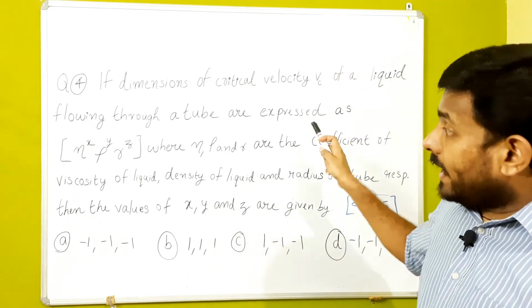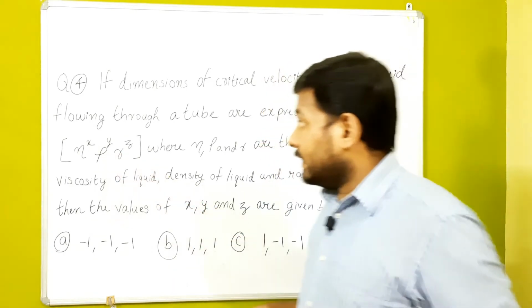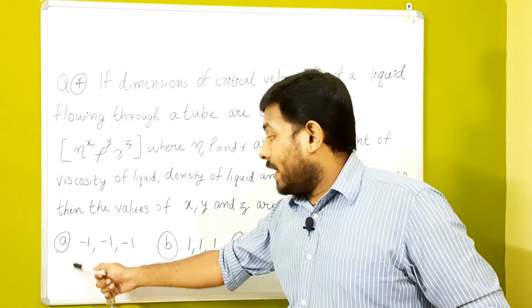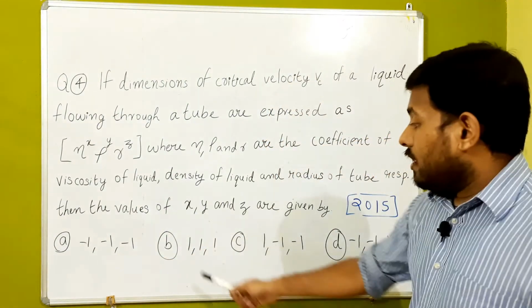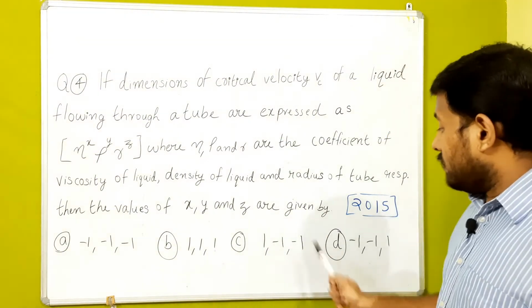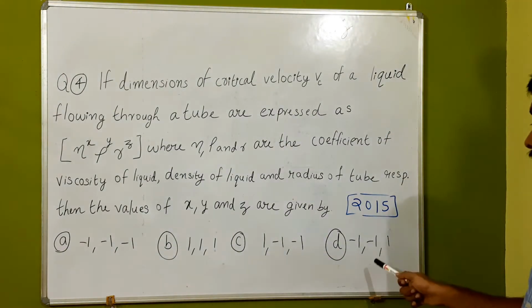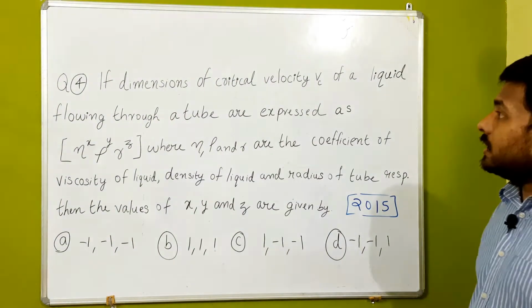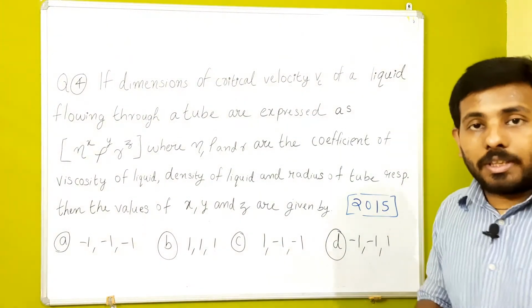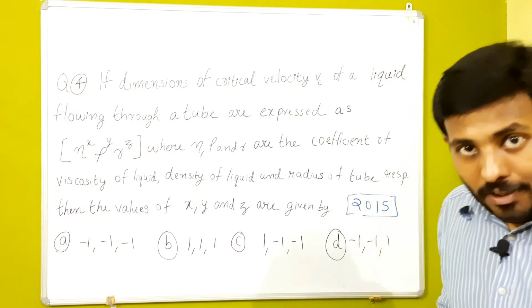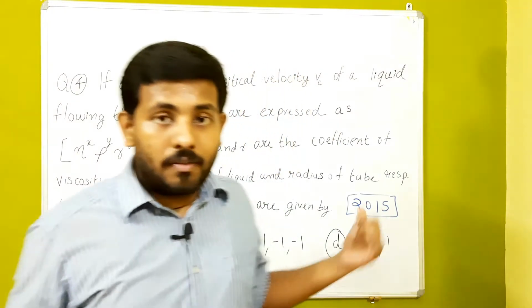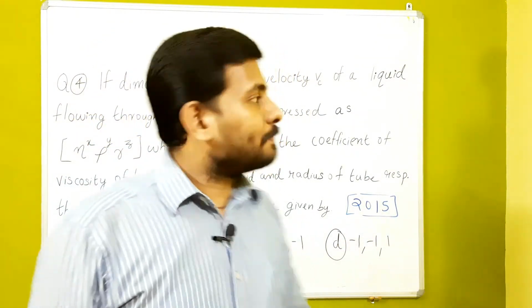So you have to find the values of x, y, and z, and the options are minus 1, minus 1, minus 1; 1, 1, 1; 1, minus 1, minus 1; and minus 1, minus 1, 1. This question was asked in 2015 NEET. So take down the question and try to do it by yourself. So try, and after that we will do it.